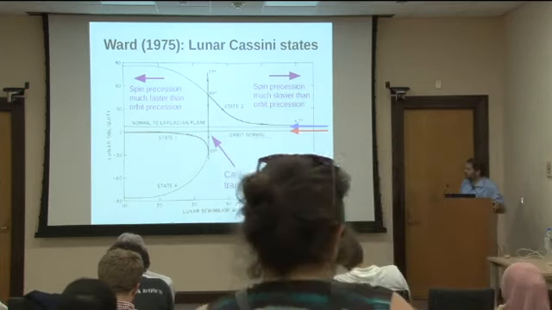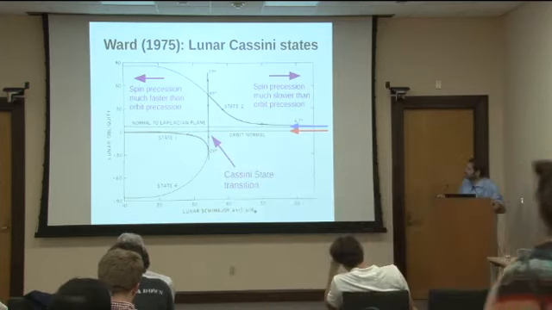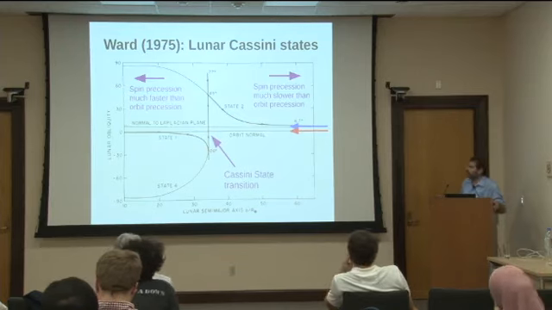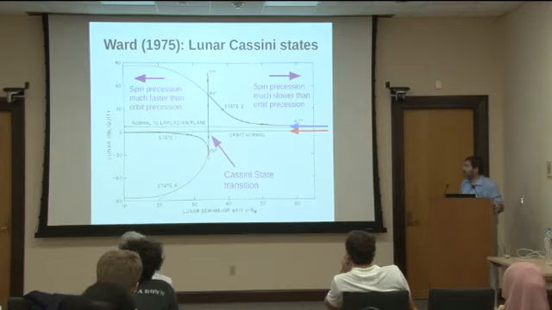So it diverges, jumps to the other side, and comes back to being close to the ecliptic normal. And during this transition, which is more or less a resonance between the precession of the axis and the orbit, you can have large obliquities of the moon. That means that the moon has a large tilt to its orbit around the Earth. The moon's spin axis has a large tilt.